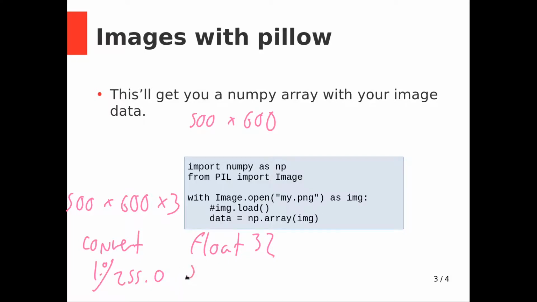Potentially, this number might have to be different if the sample depth is different. I don't know what it does if you get a 2-byte sample format. You might then have to normalize over a wider range. But if you're using a PNG or a JPEG and it's just a normal 1 byte per channel image, then you can normalize it the way we were doing it before. Convert to float, multiply by 1 over 255.